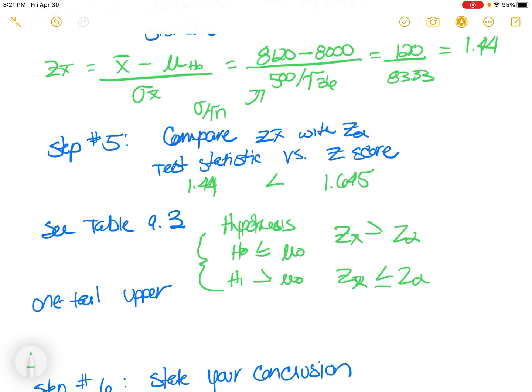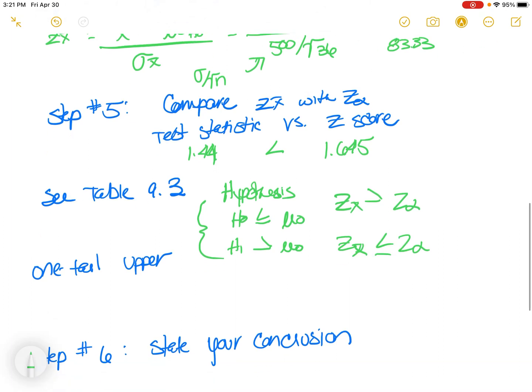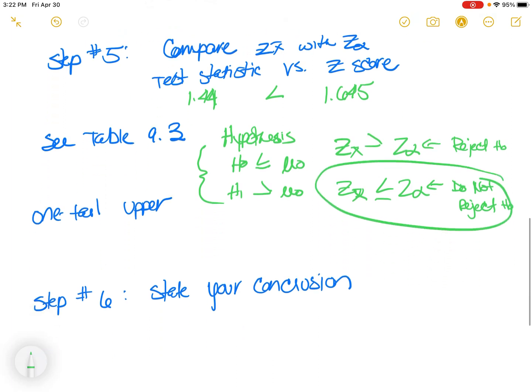In our scenario, if you compare the test statistic to the z-score, the test statistic is less than the z-score. So in this situation, it is a do not reject. If it were the other scenario, we would reject. So we are not rejecting H naught.